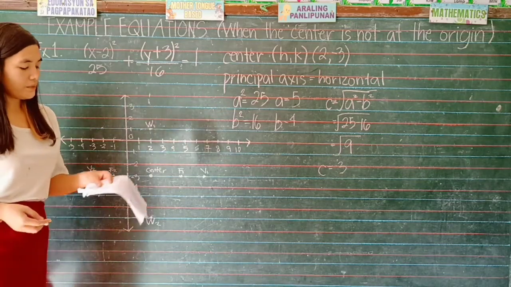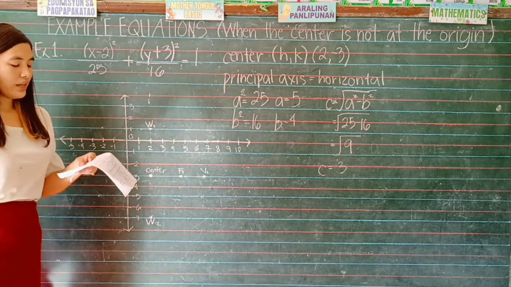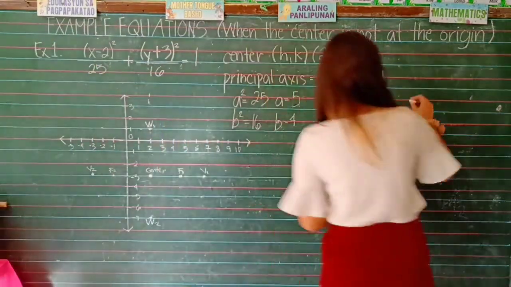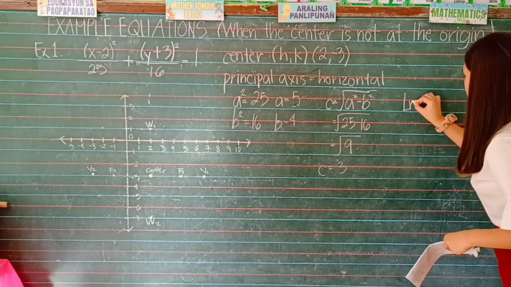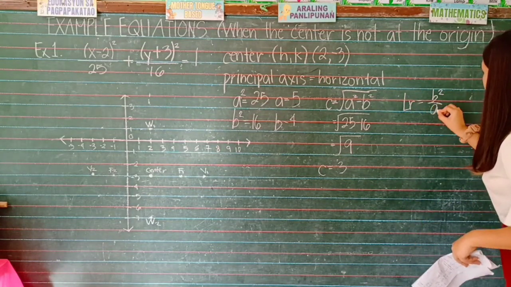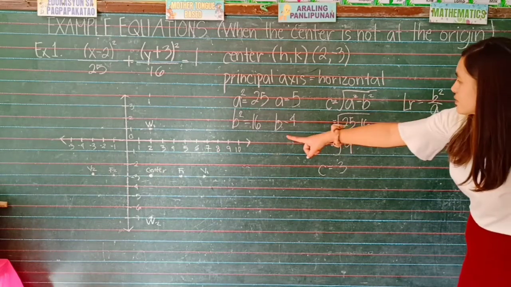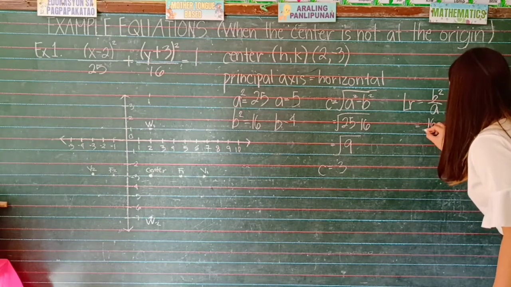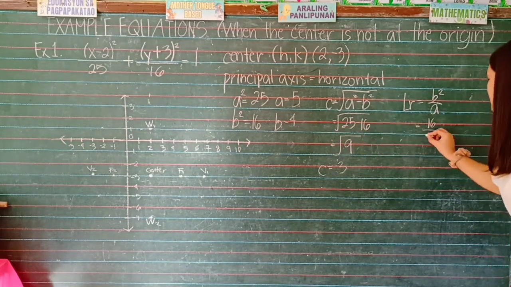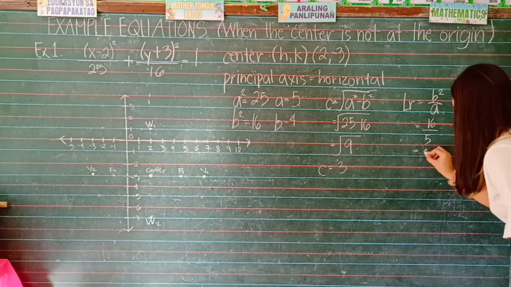The next step is to find the latus rectum. In finding the latus rectum, we will use this formula. Our b squared is equal to 16. Our a is equal to 5. 16 divided by 5 is equal to 3.2.